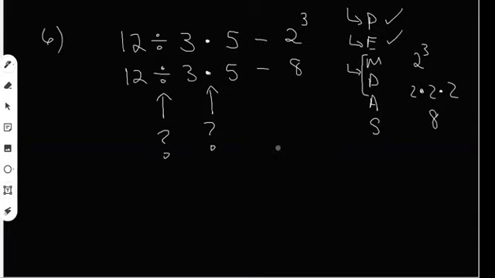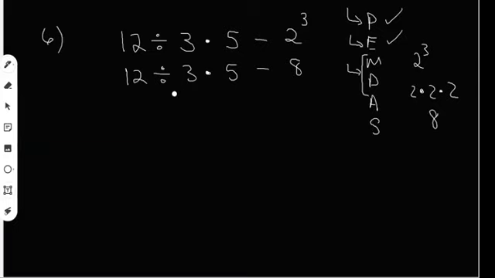Remember when I said we go from left to right? We start at the left and then we go to the right. So we're going to start with whatever is on the left side. So we're actually going to do the division first. Remember when I said we don't always do multiplication first? This is one of those times.